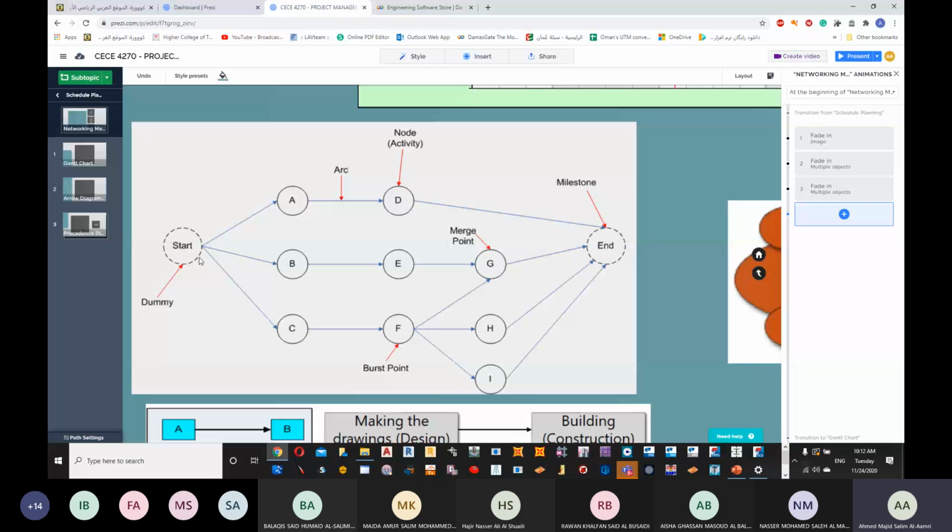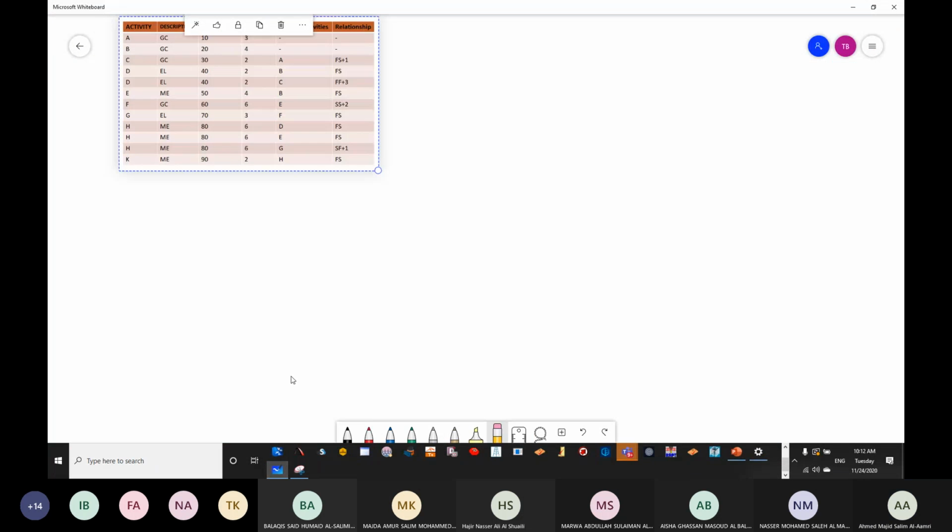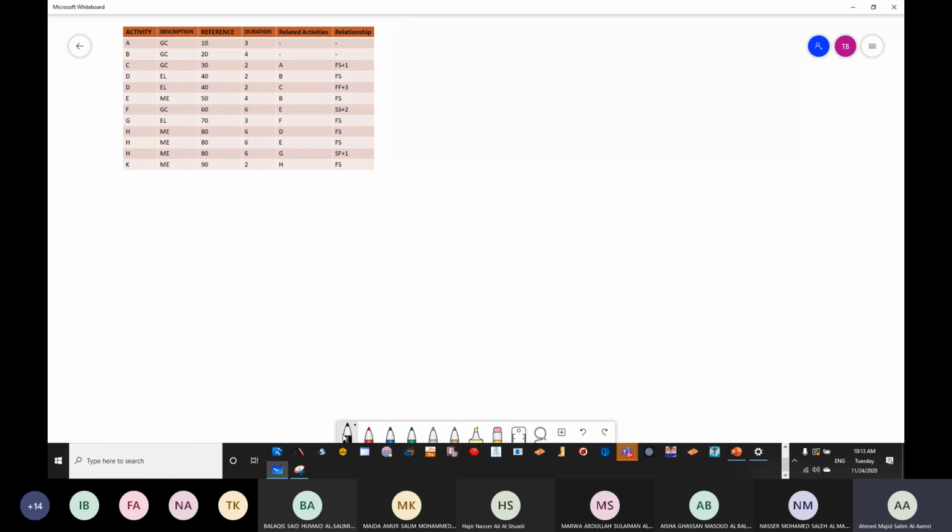Now, one of the things which is considered a disadvantage with the ADM, sorry, is the fact that, if you remember, we used to have, for example, task number A, let's say task number A has a duration of 5.